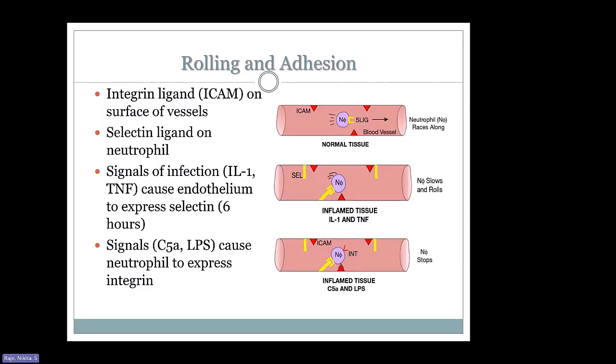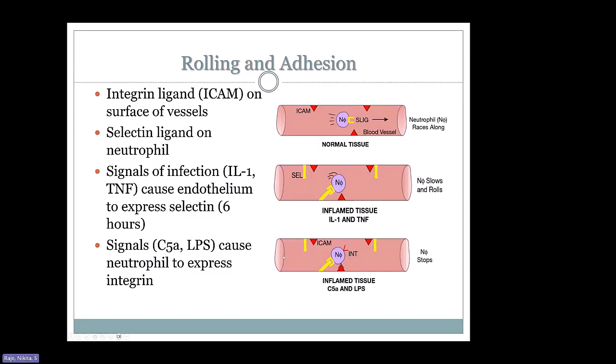But when there is a signal of infection, selectins are expressed on the surface of the blood vessel wall, and that comes in contact with the selectin ligands on the neutrophils. So it's almost like Velcro. It binds to it and then gets released. And so it moves a little forward and then starts rolling on the surface of the endothelium.